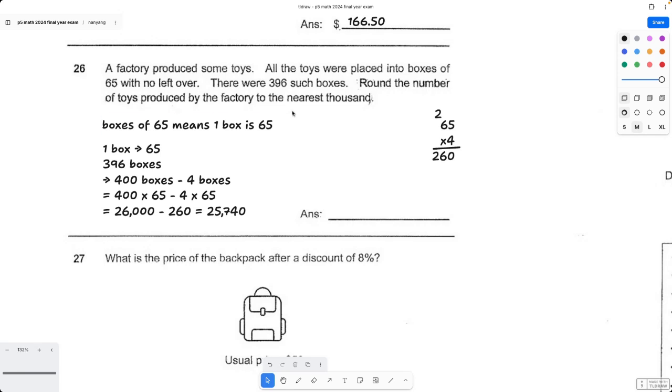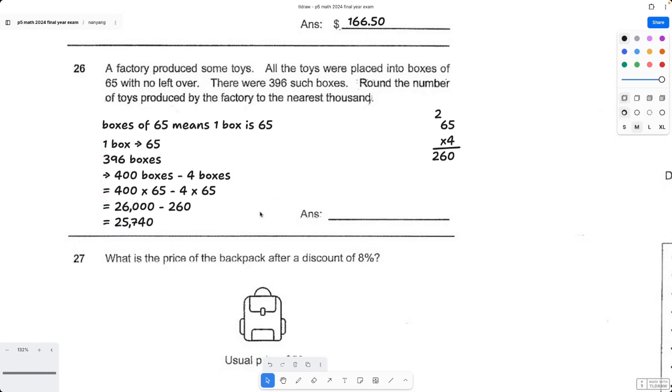Round the number of toys produced to the nearest thousand. So in this case, nearest thousand. So 25,740.